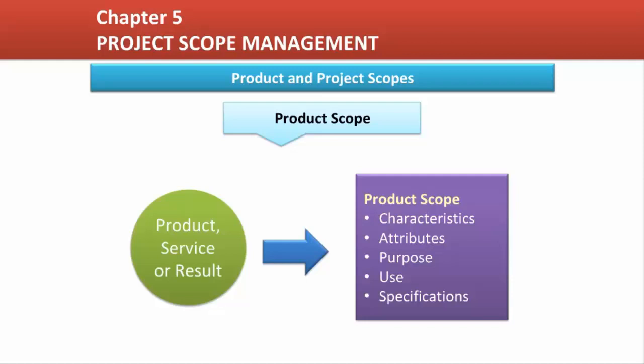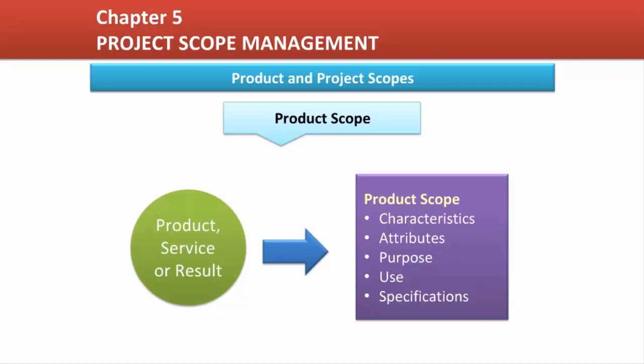Though it'll depend on what the final product, service, or result is and whether it's tangible or intangible, the product scope describes what the product, service, or result will do, how it will be used, how it will function, what the product will look like, what the service is, or what the result will be.